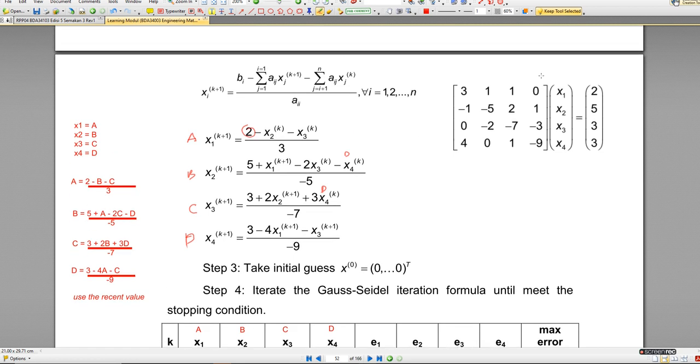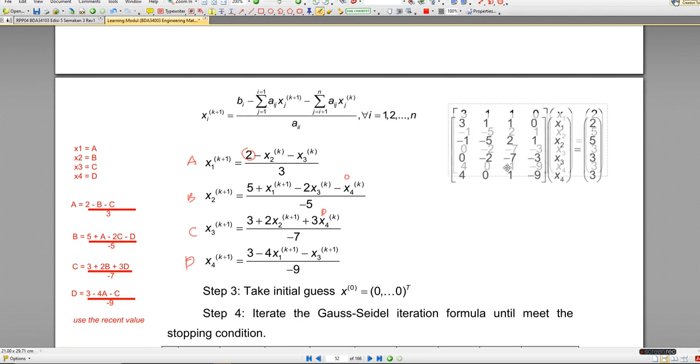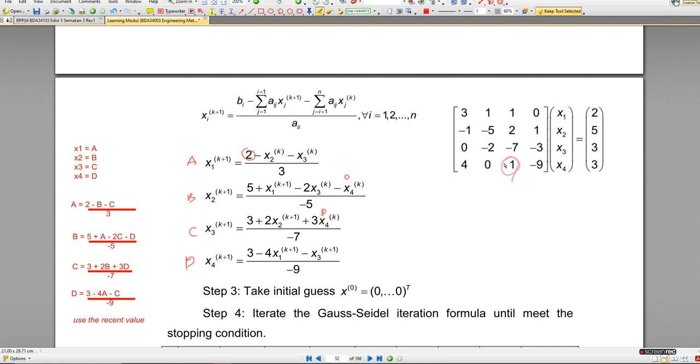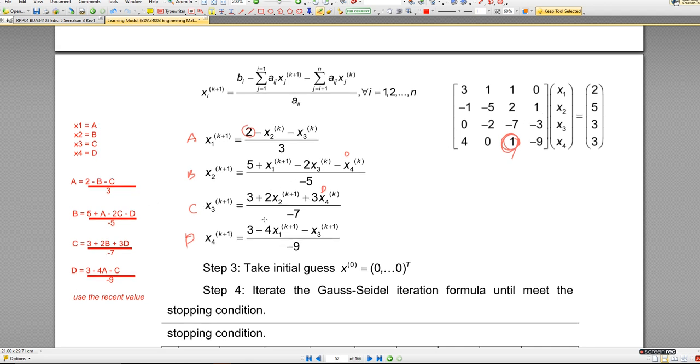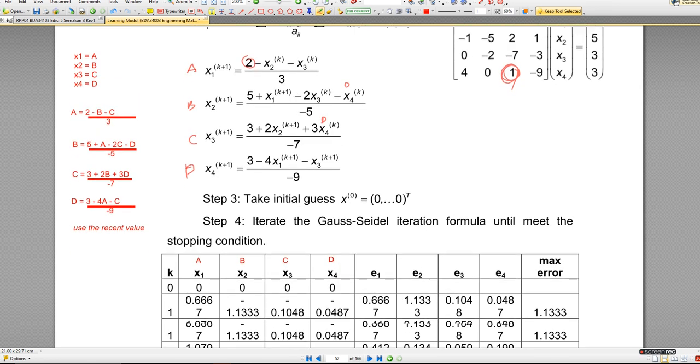Let's say in this one you got minus, but you should not minus c, you just minus 0, because this one is 0. So all the elements here are based on the value given in the question.